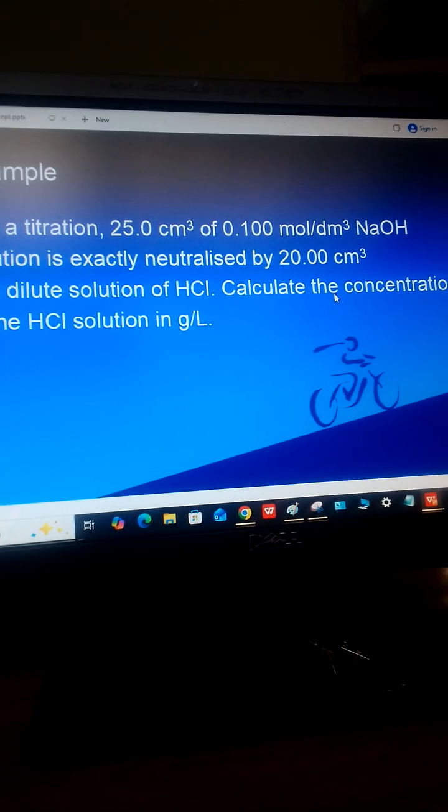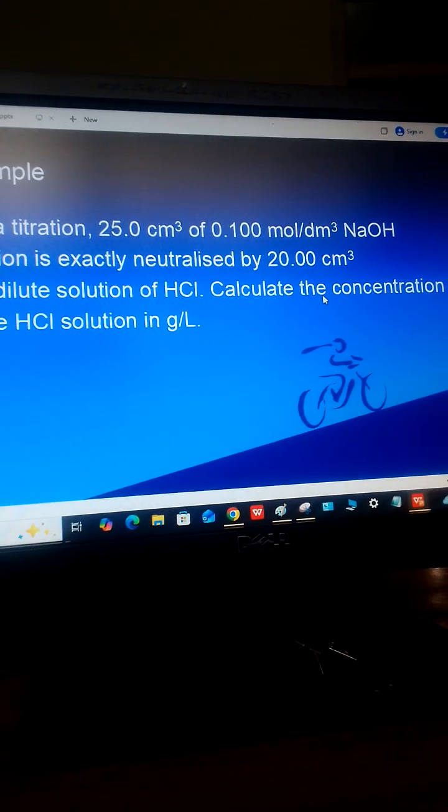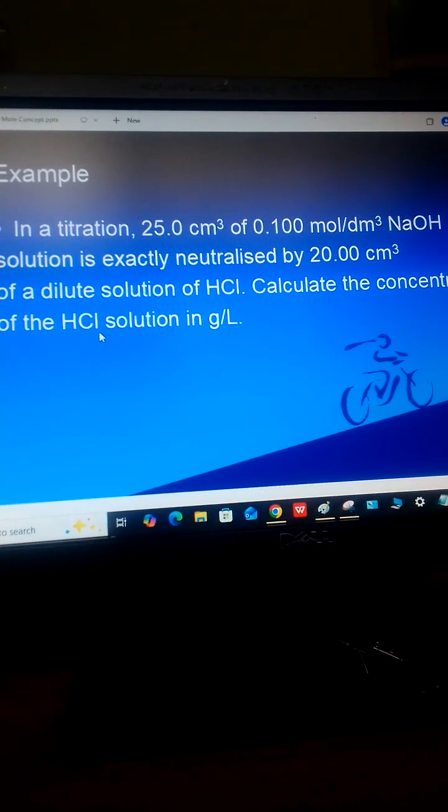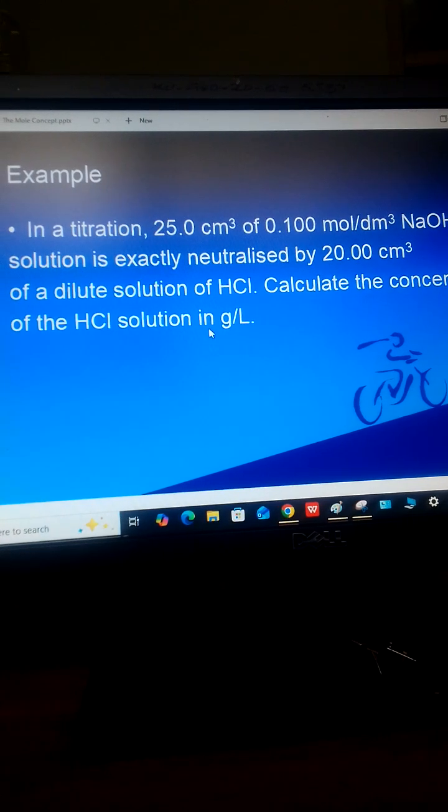Calculate the concentration of the hydrochloric acid solution in grams per liter.